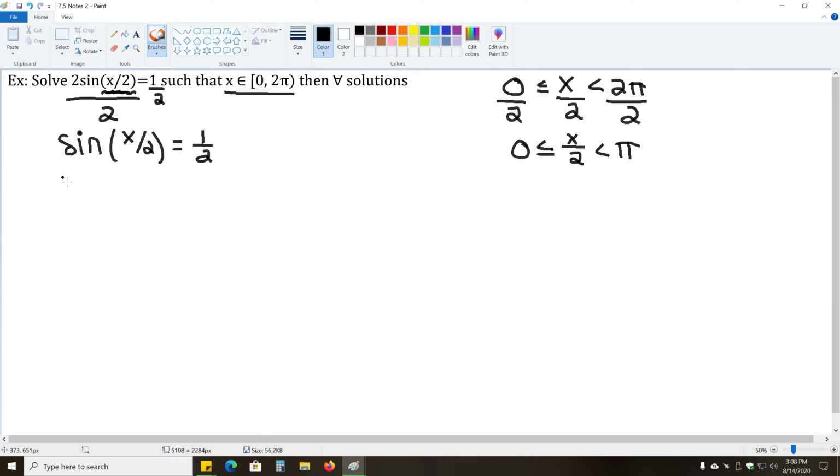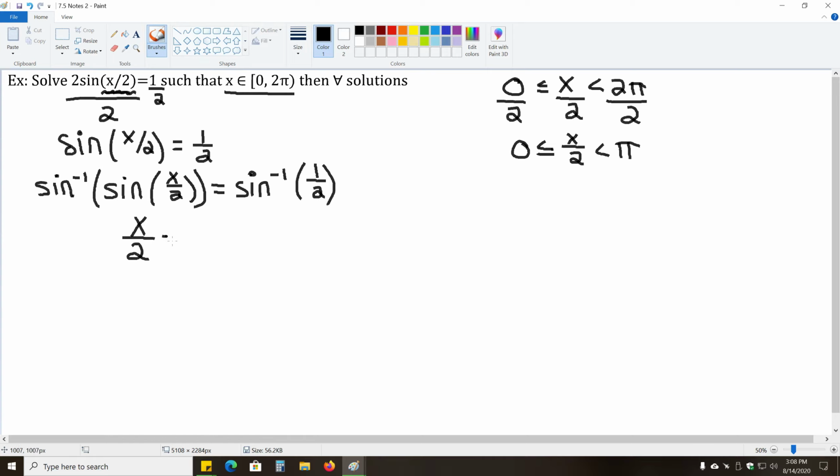And now to get x over 2 alone, we're going to take sine inverse of each side of the equation. And when we take sine inverse of each side, we're left with x over 2 equals sine inverse of 1/2.